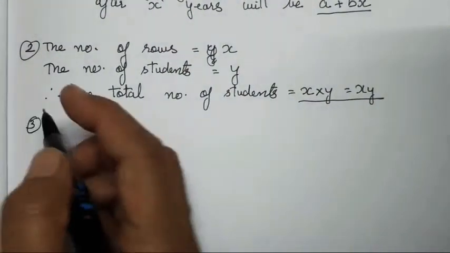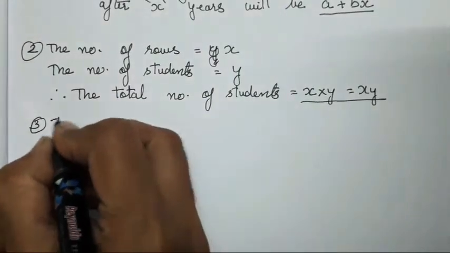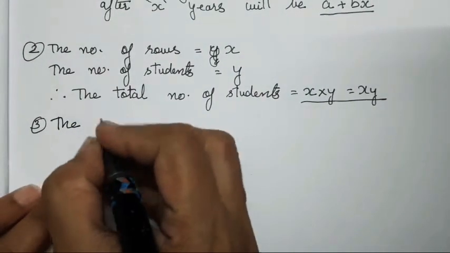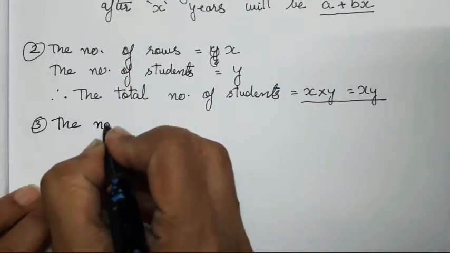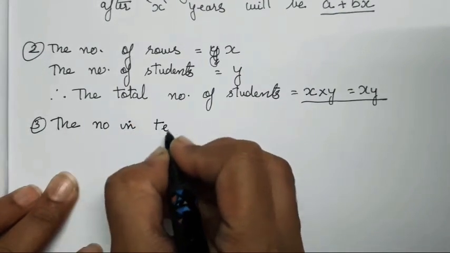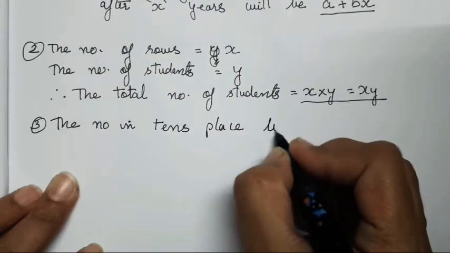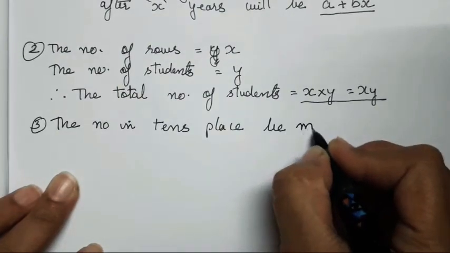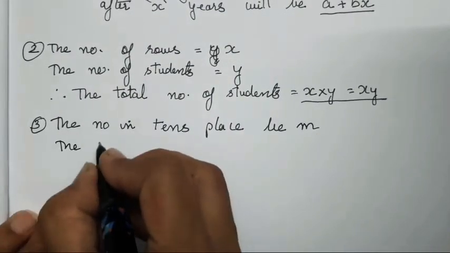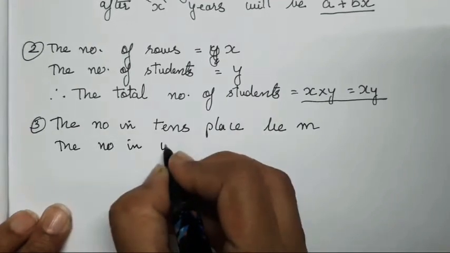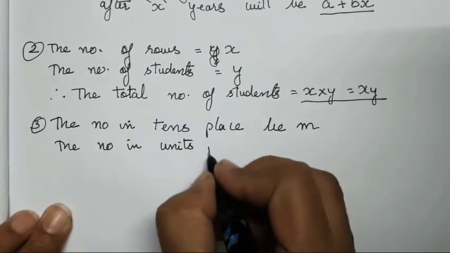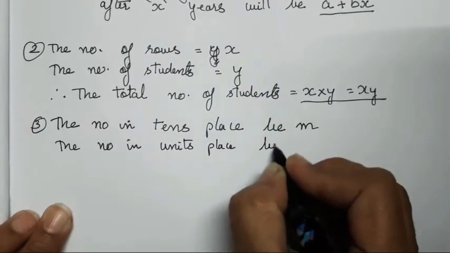So first we will write the number in tens place be m and the number in units place be n.